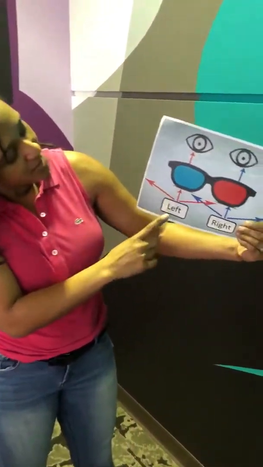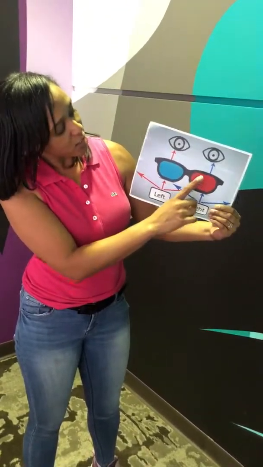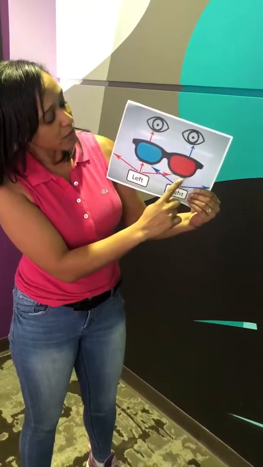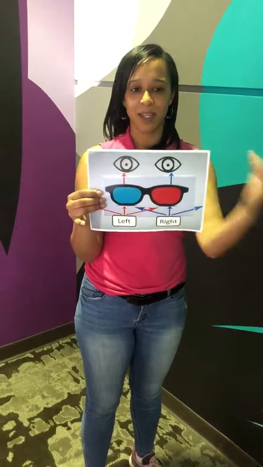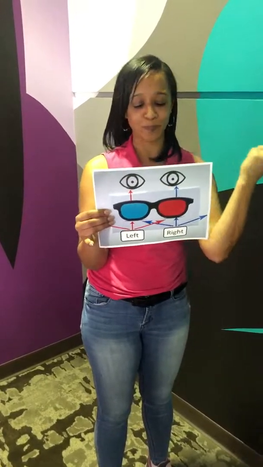So, for instance, your left eye sees red, right? So they color that blue. Your right eye sees red, so they color the right eye of the glasses blue, and vice versa. The same for the left eye. And so when those 2 colors go together, when you look at them through both eyes, the picture's going to jump back out at you as a 3D image.